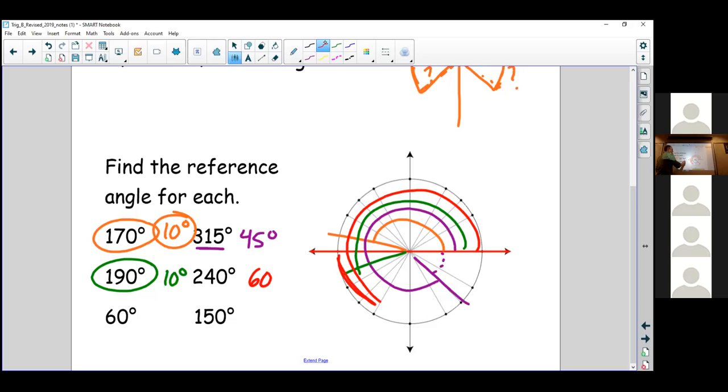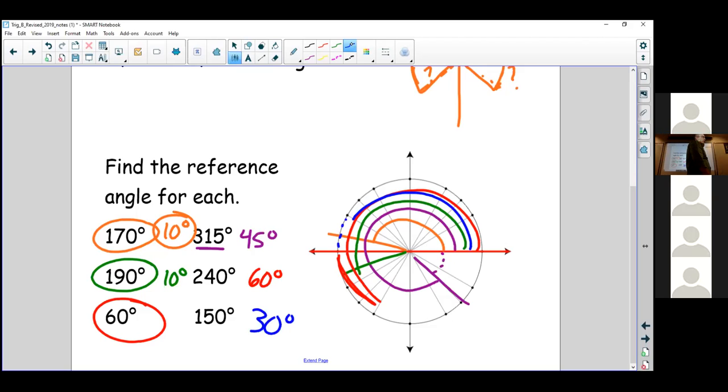That's going to be 60 degrees. So you refer to the 30-60-90 triangle there. 60 degrees is its own reference, because it's less than 90 degrees. And then 150 degrees comes around to here. So I'd have to go 30 more degrees. So we're talking about a 30-degree reference angle.